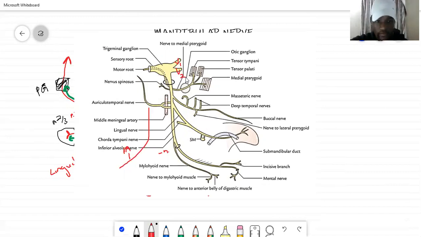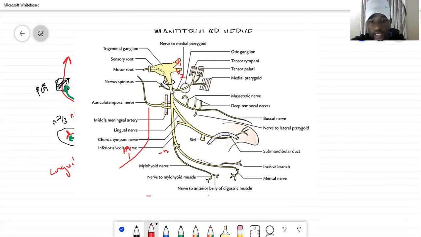And then from there, you'll have your sensory root and your motor root, as I discussed. Sensory root and motor root, both of them exit the foramen ovale, as I discussed. Then they form a trunk, right?